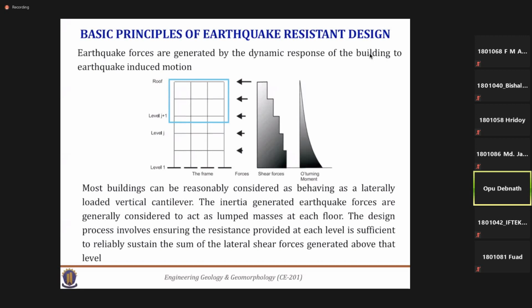The shear force decreases continuously with the increase of the height, and also the earthquake susceptibility depends on the irregularity of building, overhanging portion. Suppose any building has a cantilever portion or overhanging portion, those have a great overturning moment and a large susceptibility compared to others.